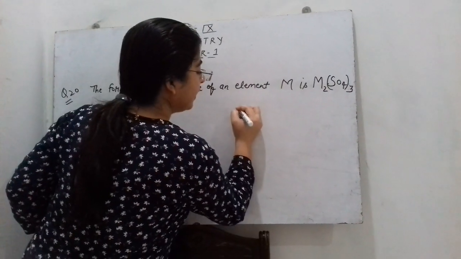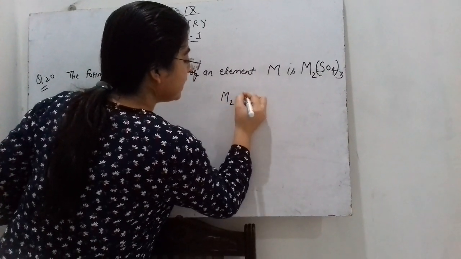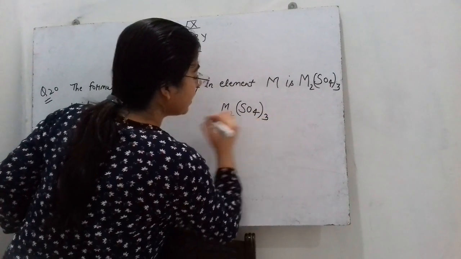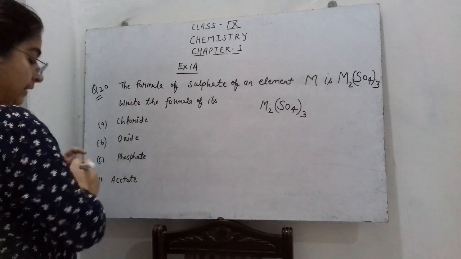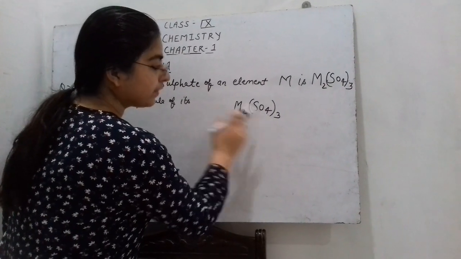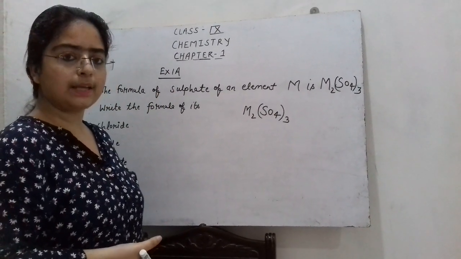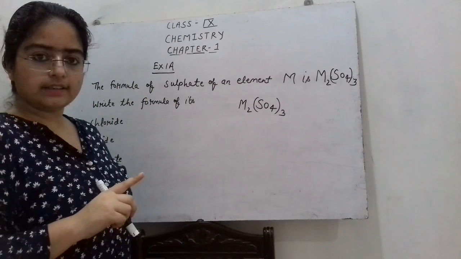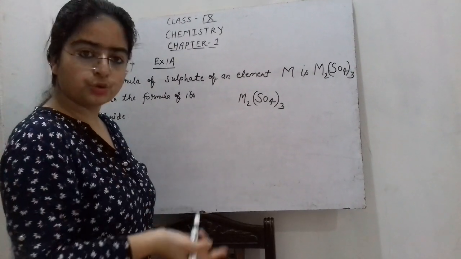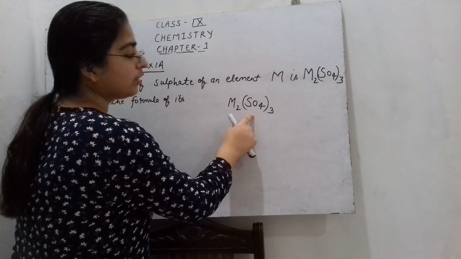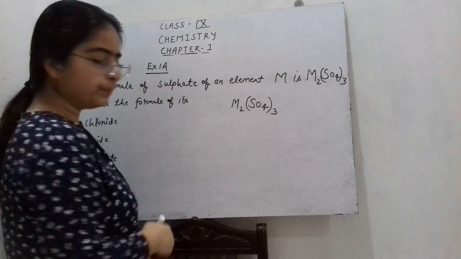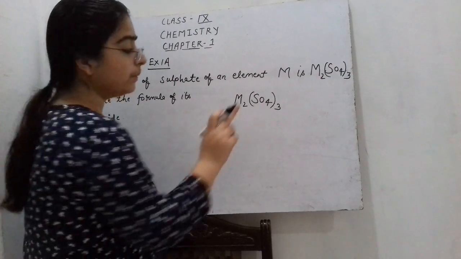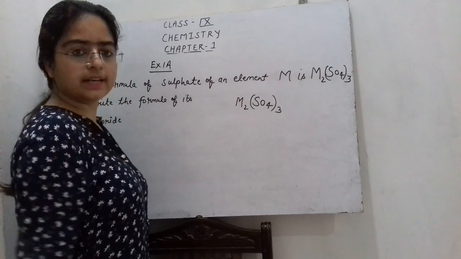Now just see, in order to find out the valency of the element M from the compound M2(SO4)3, we know, as we have learned from the table of acid radicals, that one sulfate ion has a charge of -2. Now the charge of one sulfate ion is -2, but here a total of 3 sulfate ions are present.